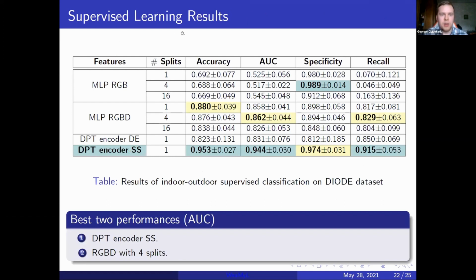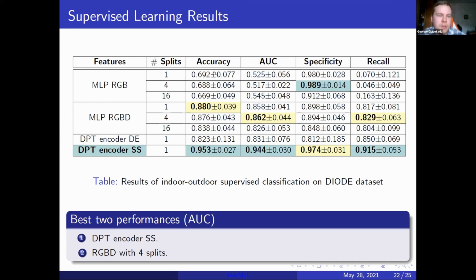And this table now shows the comparison between the RGB and RGBD processed through the multi-layer perceptron, and also the DPT encoder trained for depth estimation and semantic segmentation. First of all, we are going to consider mostly the area under curve measure for performance because we consider it to be more relevant than accuracy.